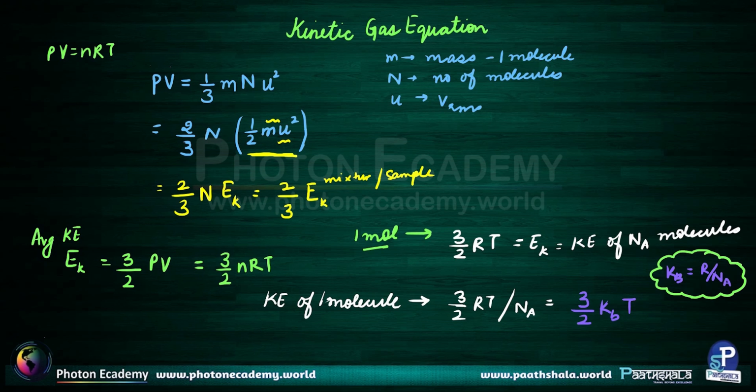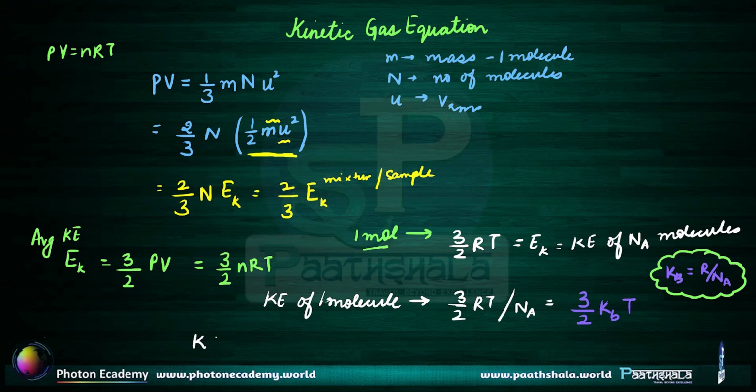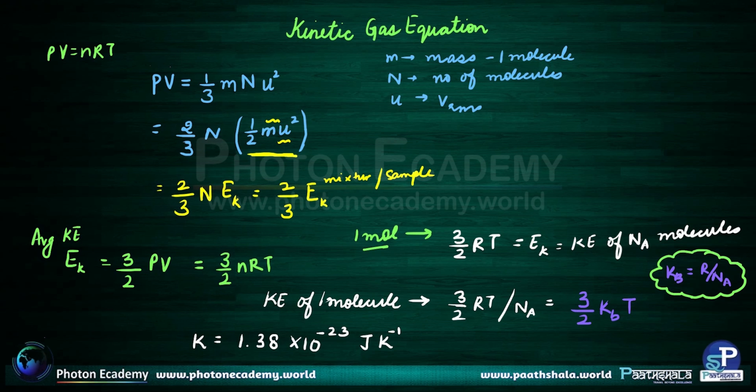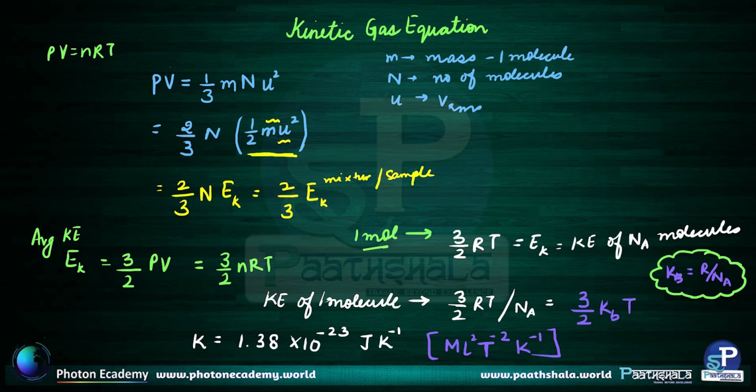And since R is a constant and Na is also a constant, the value of k comes out to be 1.38 into 10 to the power minus 23 joule Kelvin inverse. Its units in the proper system will be M L square T minus 2 K inverse, where M, L, T are the mass, length and time and K is the unit for temperature.